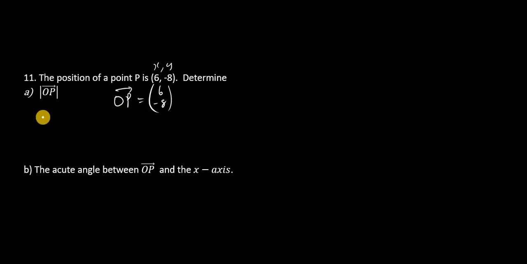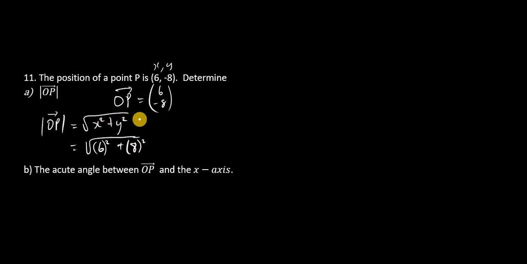Okay, now we want the length. Now to calculate the length, we use the length symbol, these two lines, the left and right of vector OP, and then we write the formula, x squared plus y squared. Next, we're going to take the components, and by the way, we're going to take 6 squared plus, and we're not going to use a negative. Even if we use it, it's pretty fine. We can just substitute it in bracket, but we're going to use a positive because we're dealing with length of a line.